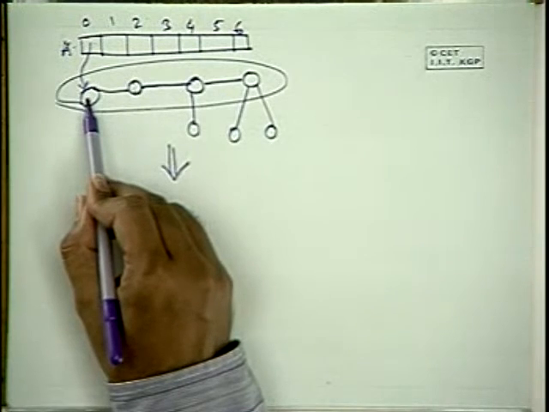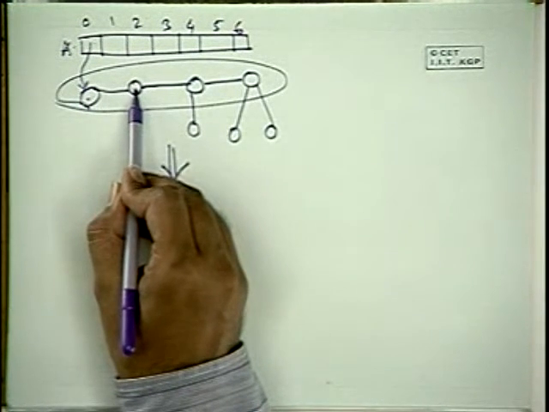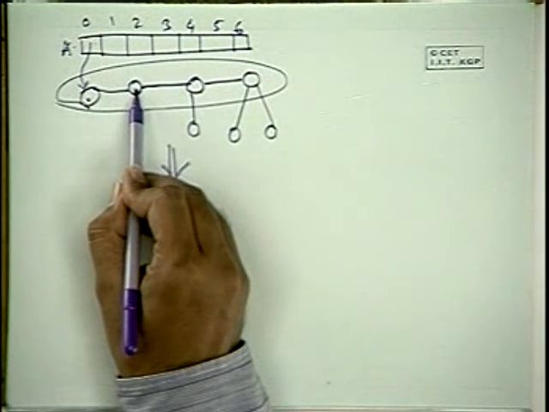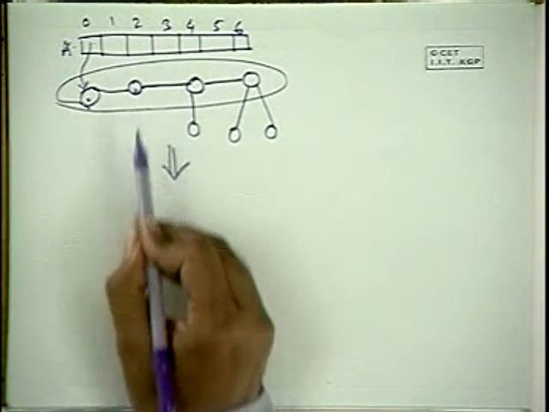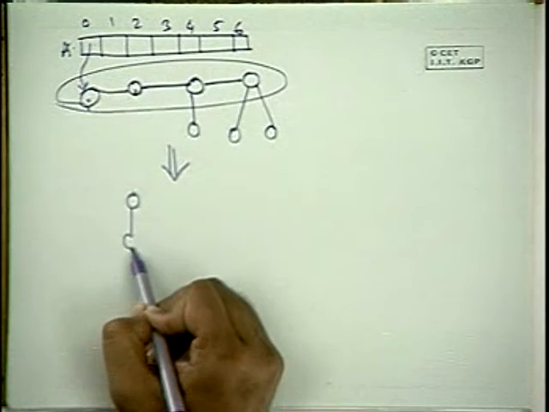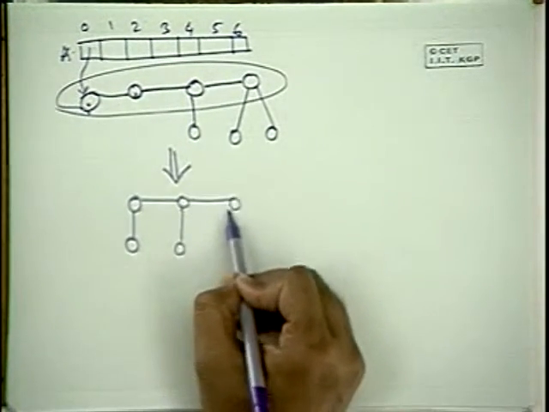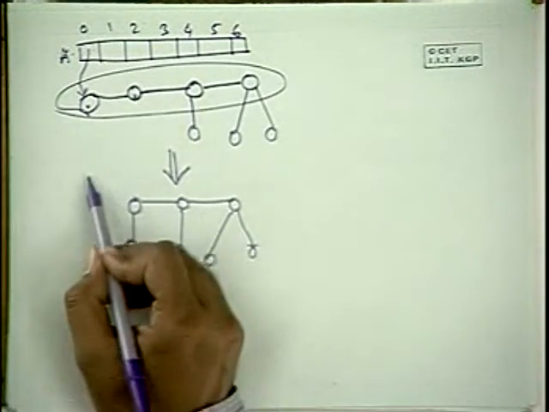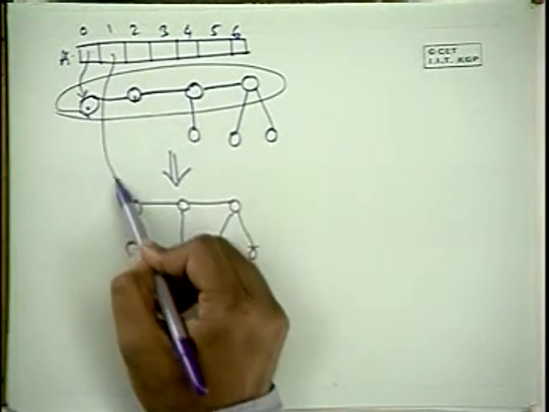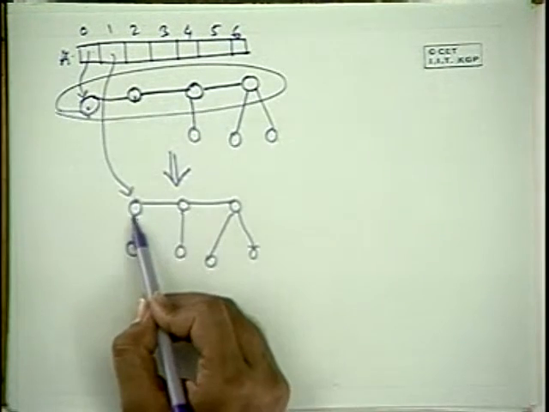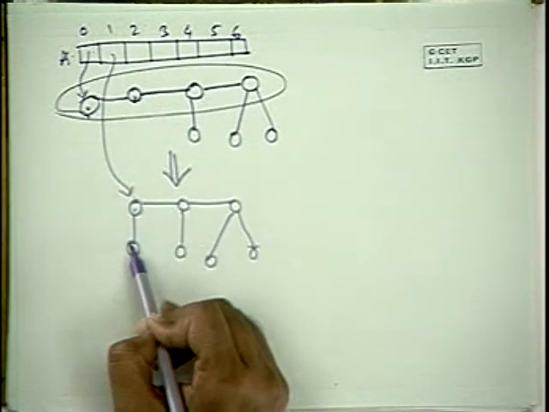Suppose this has a key value more than this one here, then this has to be a child of this root. So this becomes a child, this remains, and now A1 points to this, because now this one has one child.